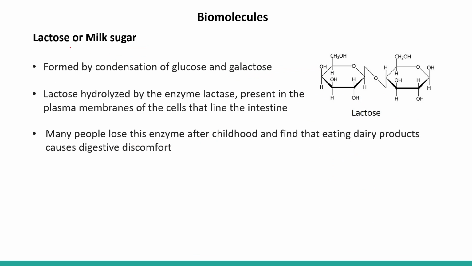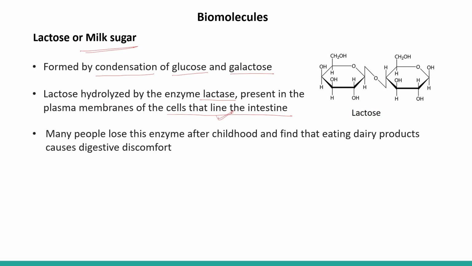Lactose or milk sugar is another oligosaccharide. It is formed by the condensation, or we can say forming a bond, between one glucose and one galactose molecule. Lactose is hydrolyzed by the enzyme lactase present in the plasma membrane of the cells that line the intestine.